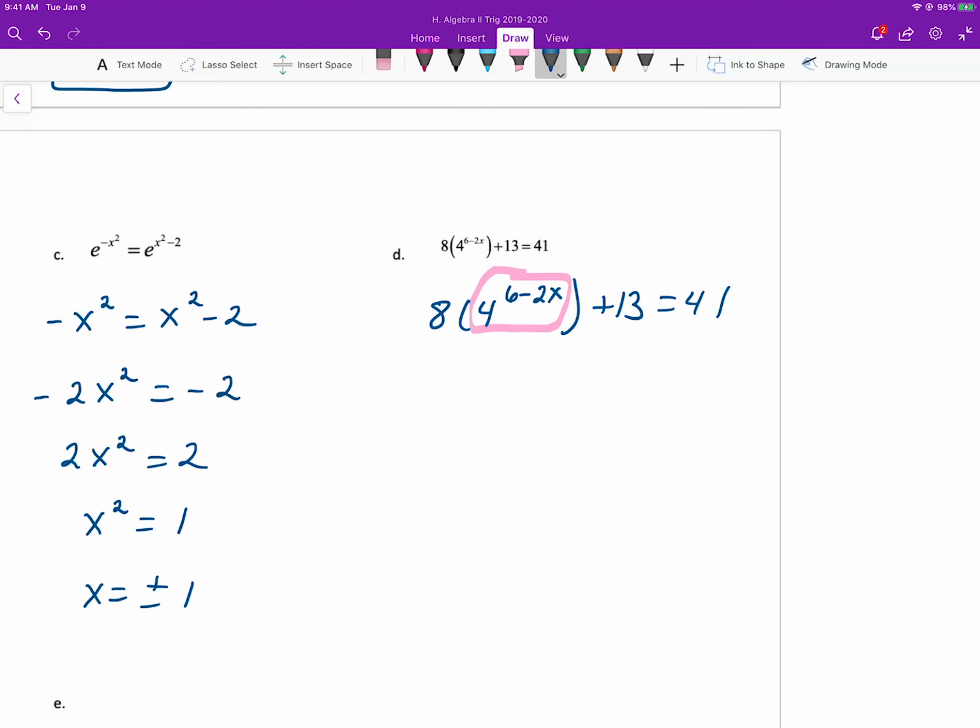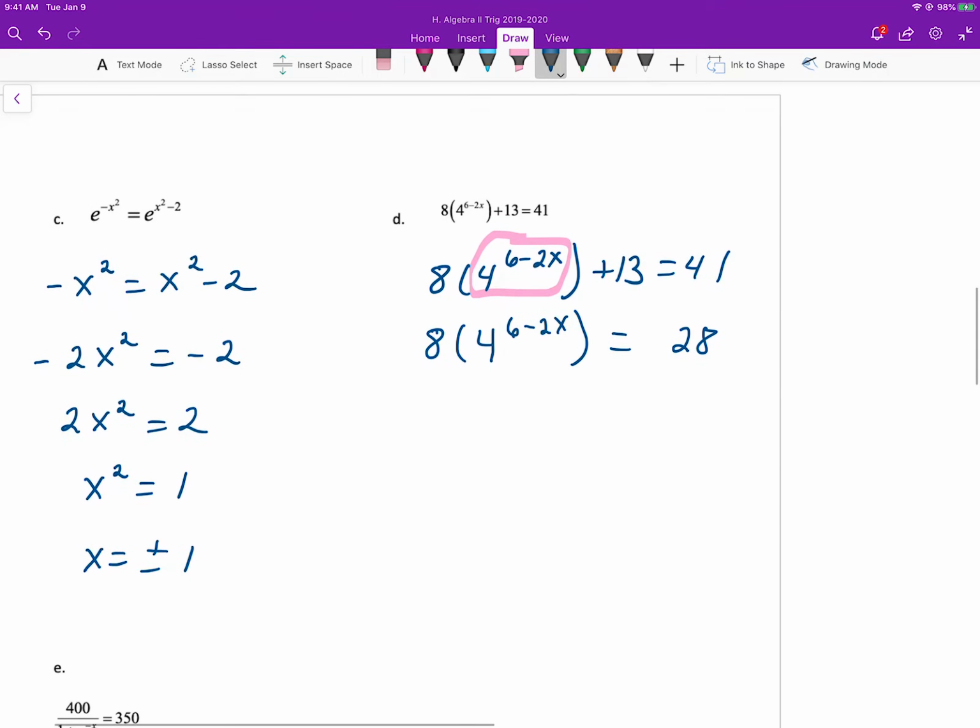So I'm going to subtract 13 from both sides, and we're going to end up with 8 times 4 to the 6 minus 2x power, and now that's going to equal 28. Now, we can't distribute because you can't multiply the 8 times the 4 because the 4 has an exponent attached. But what I can do is divide each side by 8.